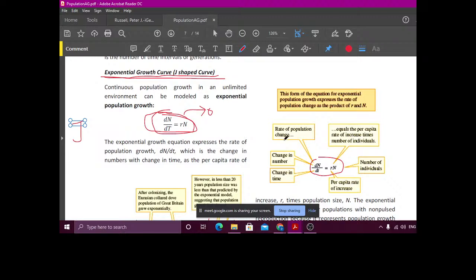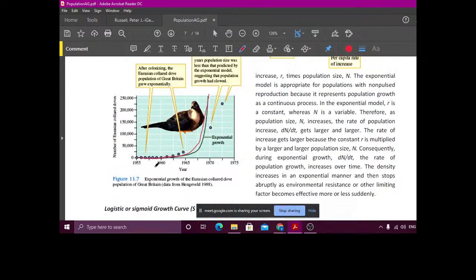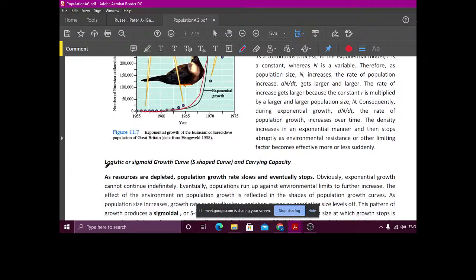dN by dt is the rate of change of population per unit time, that is equal to r, the per capita rate of increase, times N, the number of individuals. So follow this formula. Then you have the next type of growth curve, the S-shaped curve.